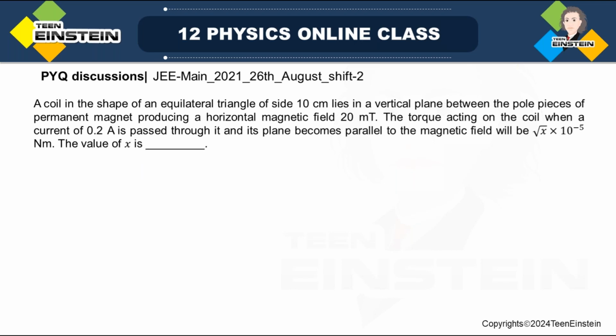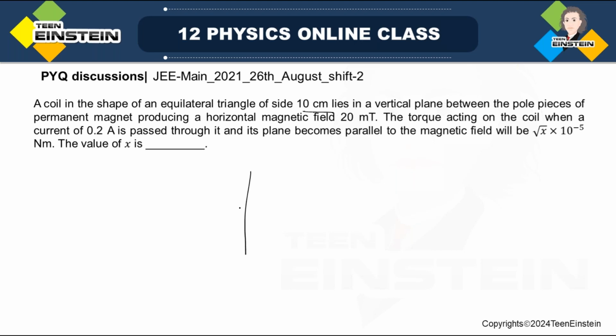Okay, now we have another problem. This problem says a coil in the shape of an equilateral triangle of side 10 centimeter lies in the vertical plane.